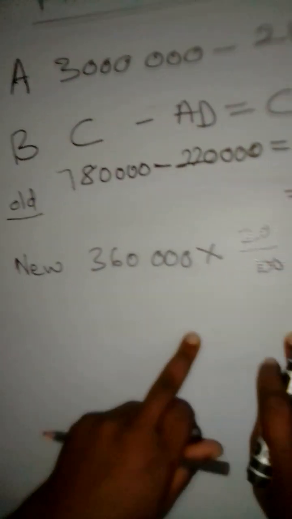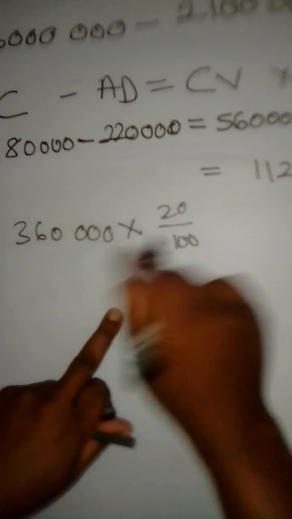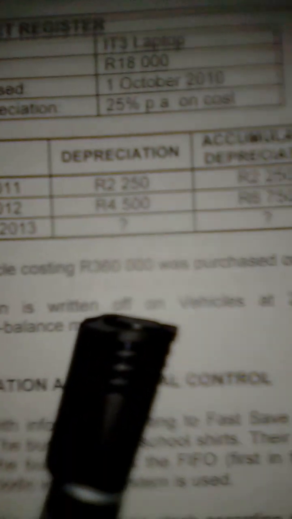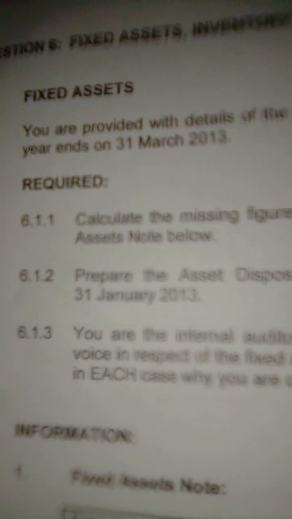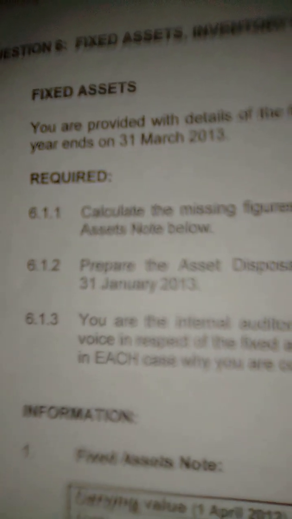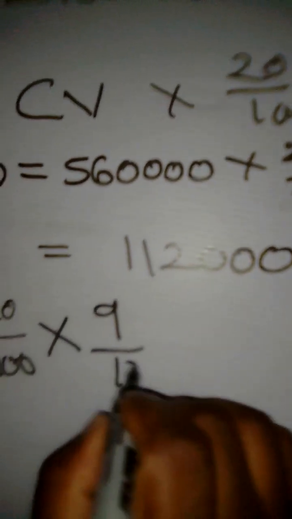We simply multiply by the rate of depreciation and consider the time frame. From 30 June 2012 to 31 March 2013, there are 9 months, so we multiply by 9 over 12.